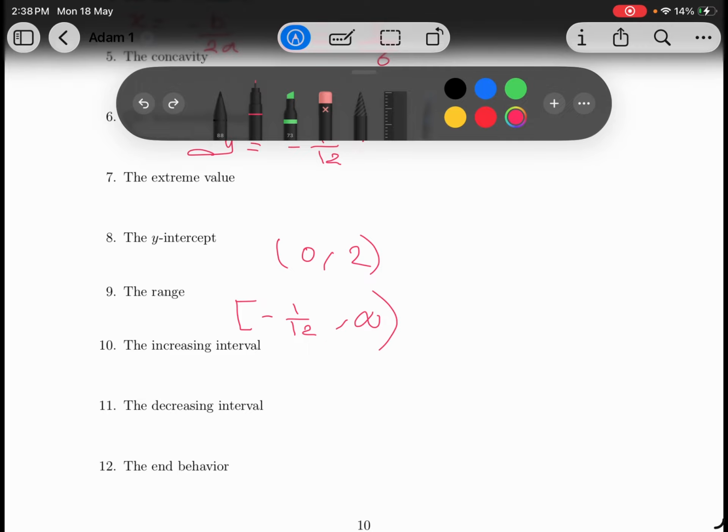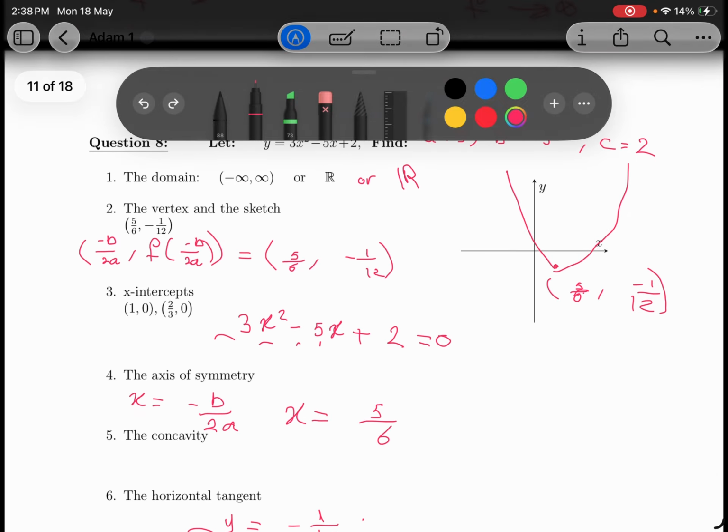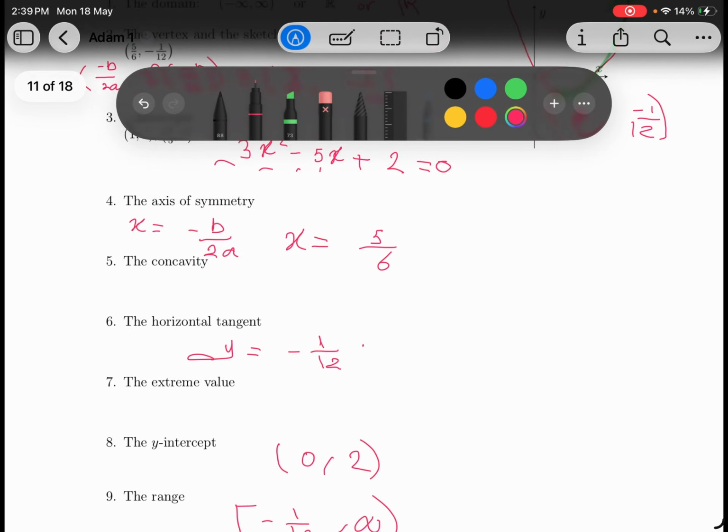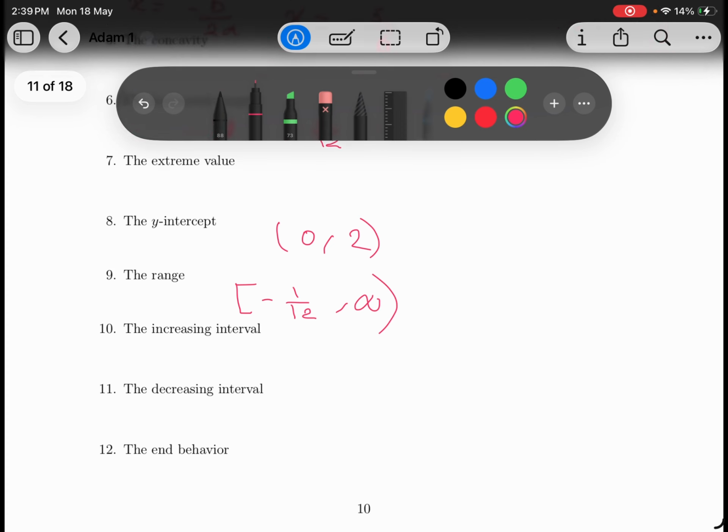Okay? And here the increasing interval is from 5/6 to infinity. Look, this portion is increasing, and the increasing journey starts on the x-axis from 5/6. Here it's a bit flexible, so you can use a closed or open interval: 5/6 to infinity, or 5/6 open interval to infinity, both are correct.